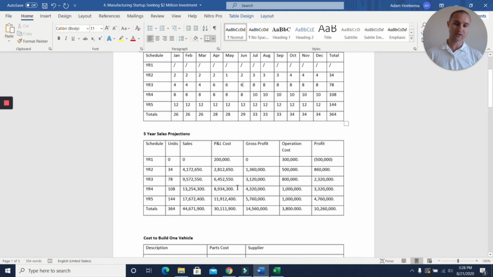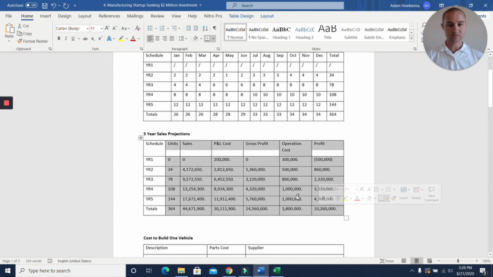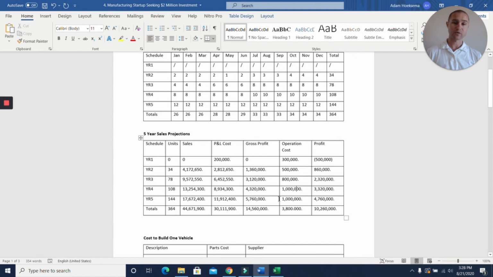And then probably the other major question I'd have, because this right here is really only an income statement, there's no cash flow statement or balance sheet, so I can't see, even if you met these projections, you might still run out of cash, because manufacturing is a cash intensive business, and so you might sell, but you might have to pre-order so much of your inventory to be able to actually produce these units, and then it may take you a while to get paid, and so there's really a question of whether, just because you're profitable, you may run out of cash, and we can't see that in this model.